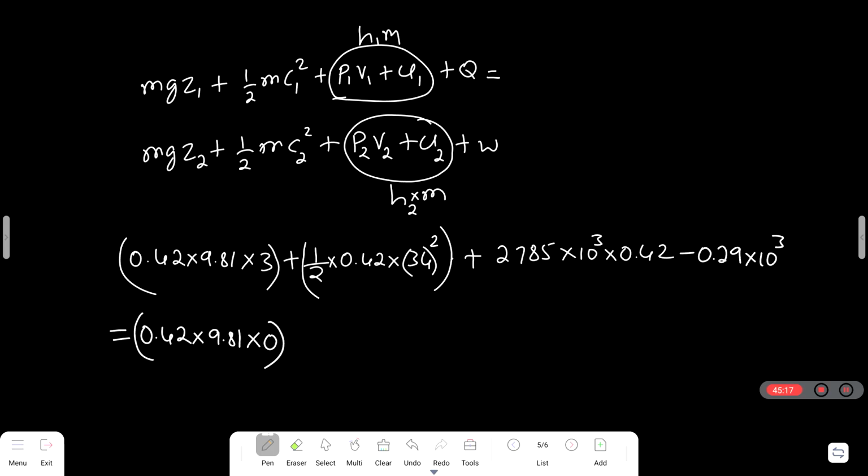Plus half of 0.42 into 100 square, plus enthalpy H2, which is 2512 into 10 to the power of 3 into mass, plus W. That's the only term. This is in watt, this is in watt, this is in watt. So I'll get W in terms of watt.